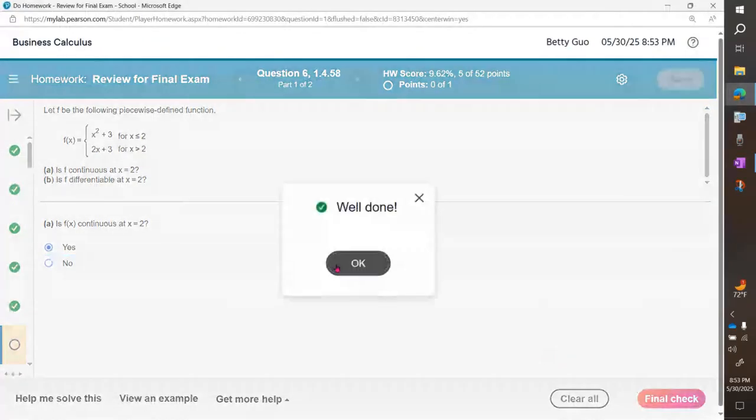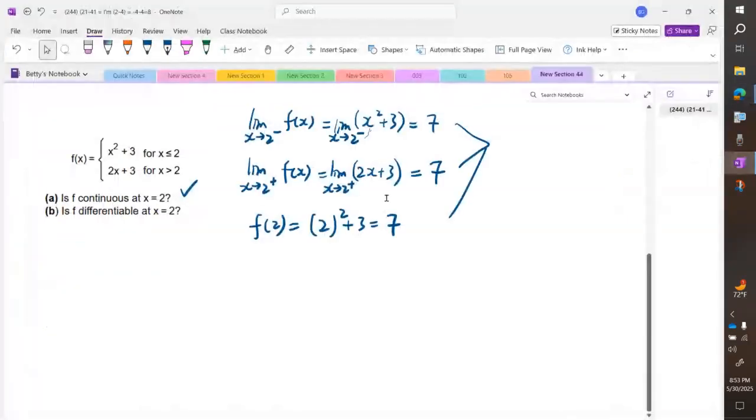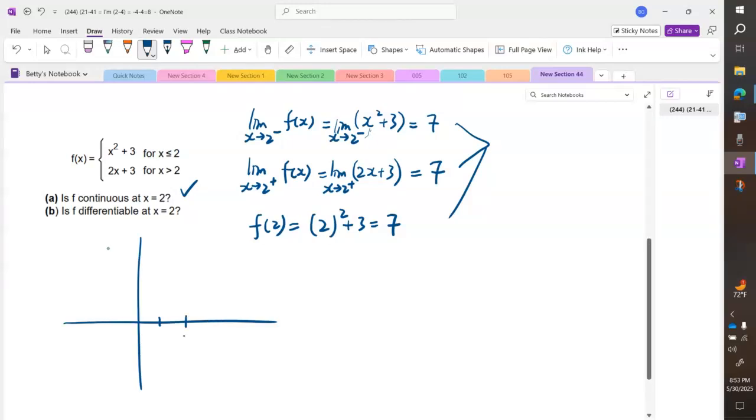Yes, continuous. The second part is to determine if the function is differentiable at x equals 2. An easier way to process that part is to use the graph. Since the two pieces are not very difficult, as you can see, we have 1, 2 here, right?